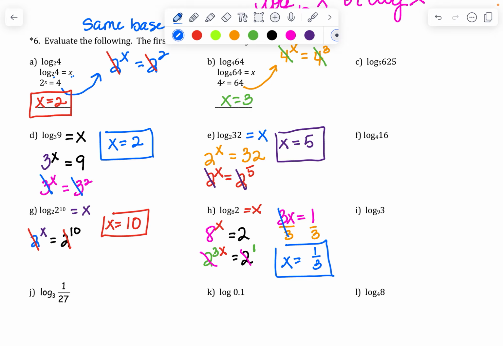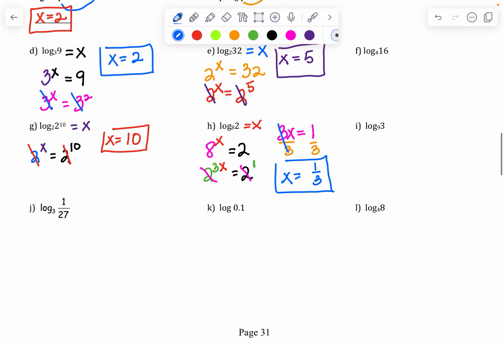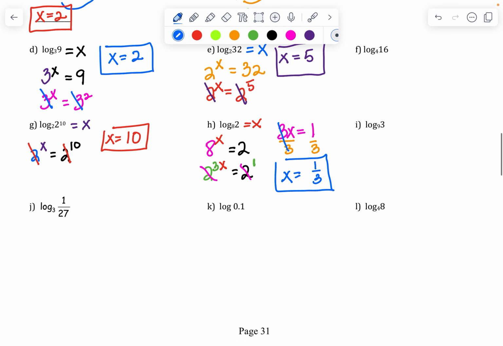This one, remember there's an invisible 10 right there with it, okay? So don't forget to say equals x. Now let's write it. 10 to the x power equals 0.1. Well, let's change the 0.1 to a fraction. That's in the tenths place, so that's actually 1/10.